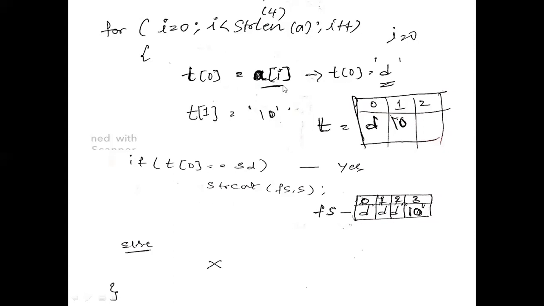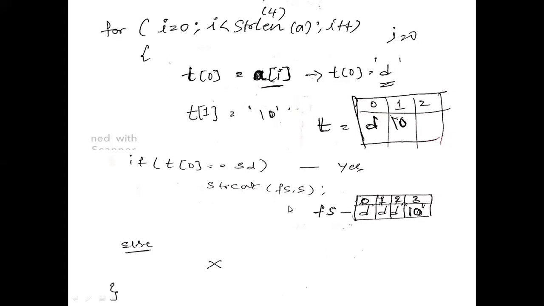You're simply taking a character from an array and storing it in a temporary or intermediate array called t, taking every character one at a time, and comparing that against sd, which is known to be storing the start flag character. If that turns out to be true, you perform this operation. In this case, the first if condition is executed because the first character that you're entering is the same as the start flag character.